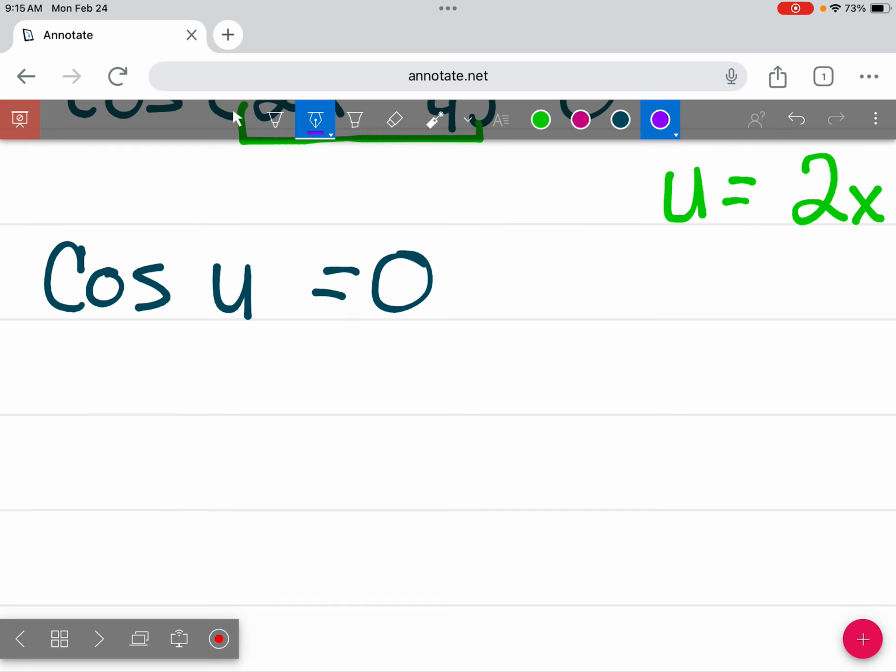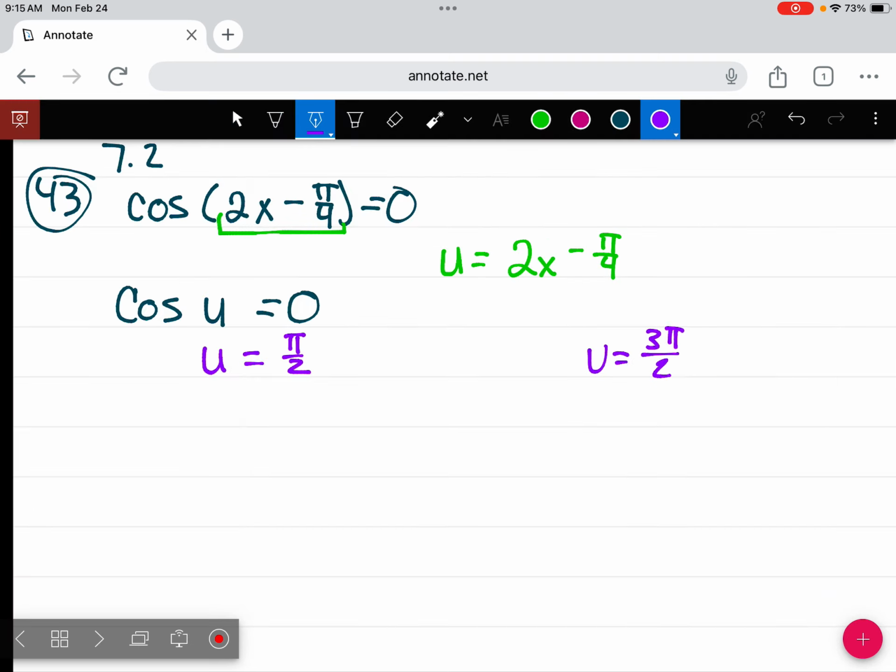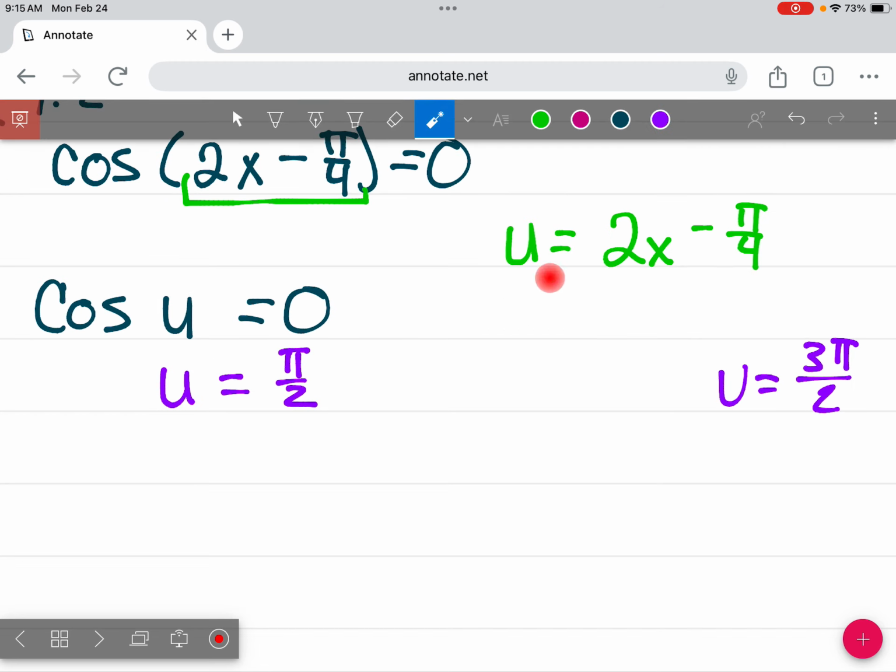When does cosine of u equal 0? U would need to be pi over 2 and 3 pi over 2, because cosine has to equal 0, right? Since we did a u substitution here, whenever we have a u substitution, we always treat this like they're asking us for all possible answers, even if we're only looking on the interval.